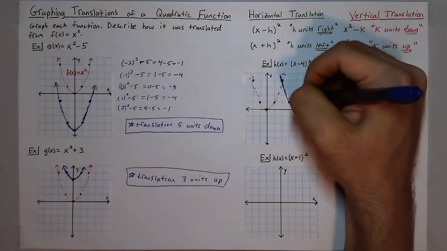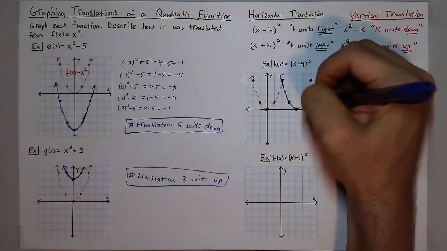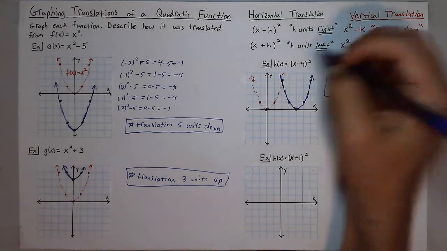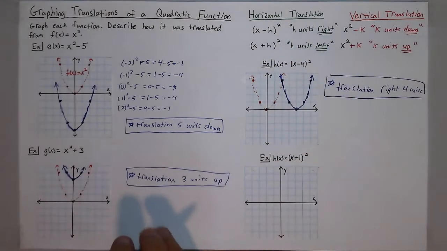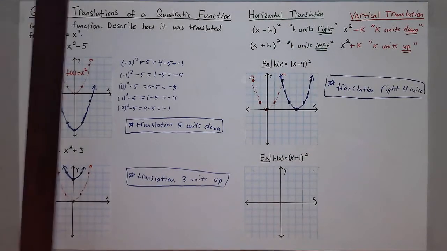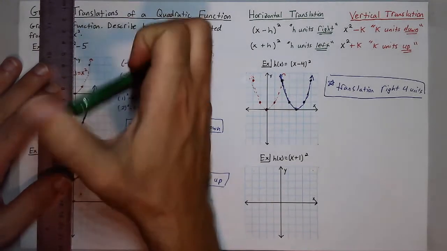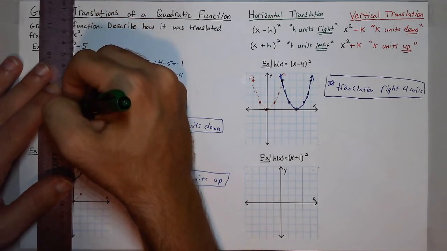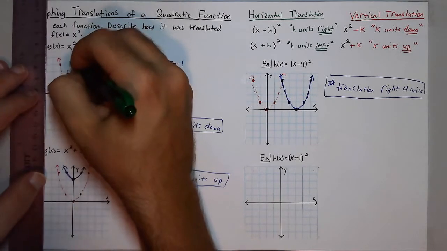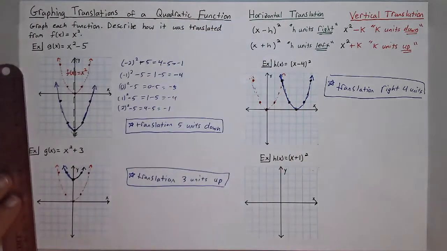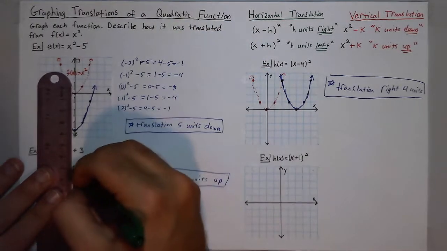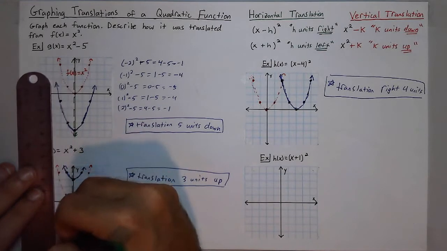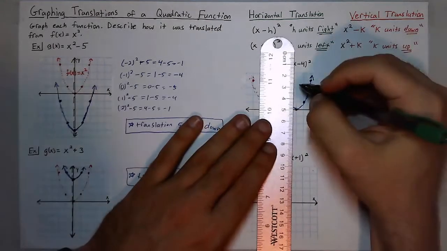Now before I do the last example, you'll see that even though I'm shifting this function around, it still maintains its symmetry everywhere we go. So if I were to draw in the axis of symmetry on all of these, just following the blue curve, you're going to notice something interesting happen for the horizontal translations.